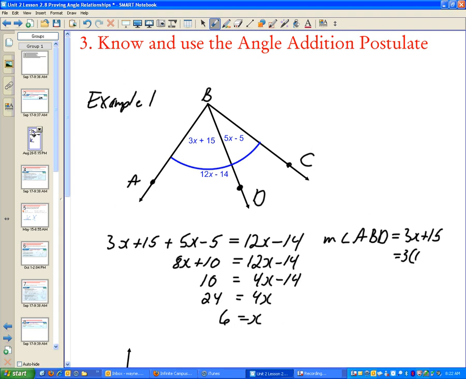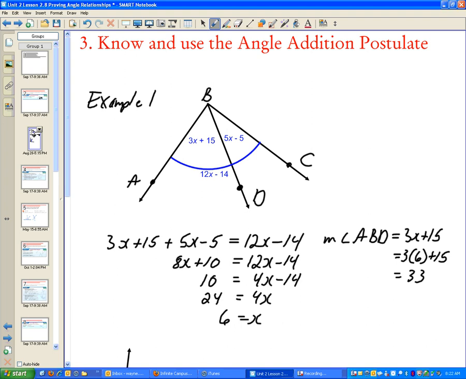So that'd be 3 times 6 plus 15. So what's 18 plus 15? We'd get 33. And then we could do the same thing with the others if we want to, couldn't we? Okay? So have we worked problems like this before?